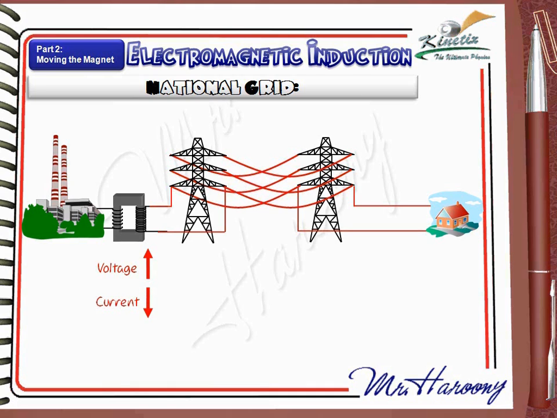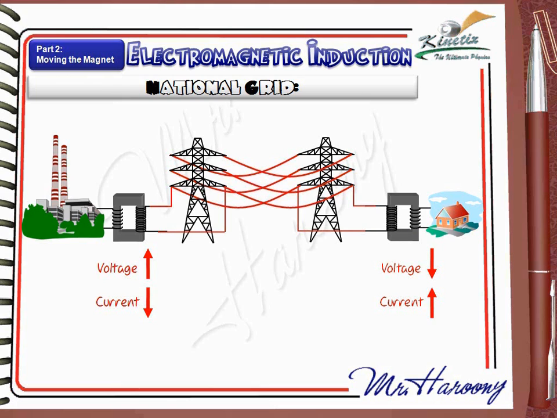So electricity is transmitted in cables with high voltage and low current. This will reduce the power loss due to the resistance of the cables. After transmission cables and before the end user, we need a step-down transformer to reduce the voltage and increase the current to suitable values for home use.